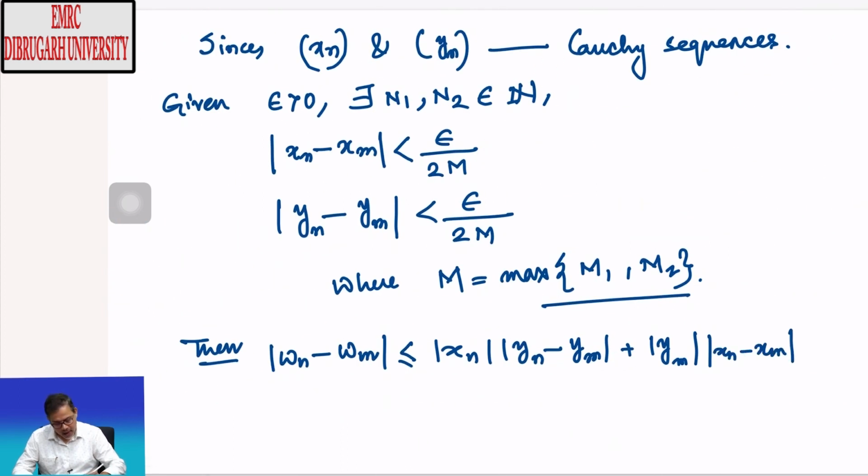I can apply these properties. Here this will be less than m, because x n is bounded by m 1 and m is greater than m 1.